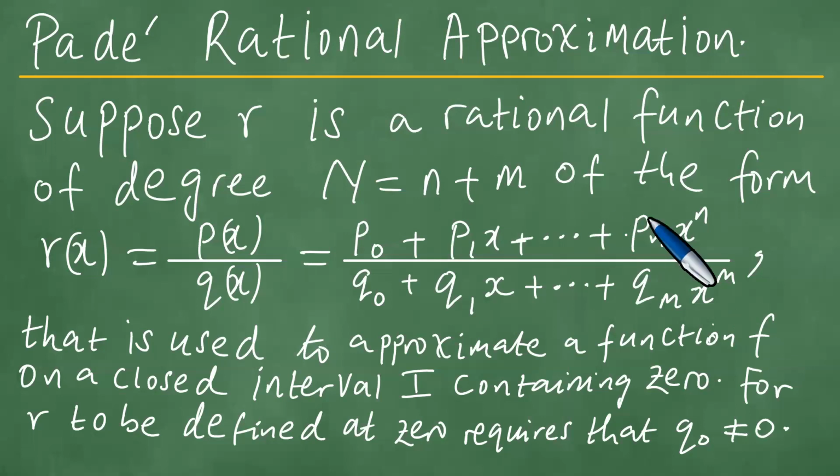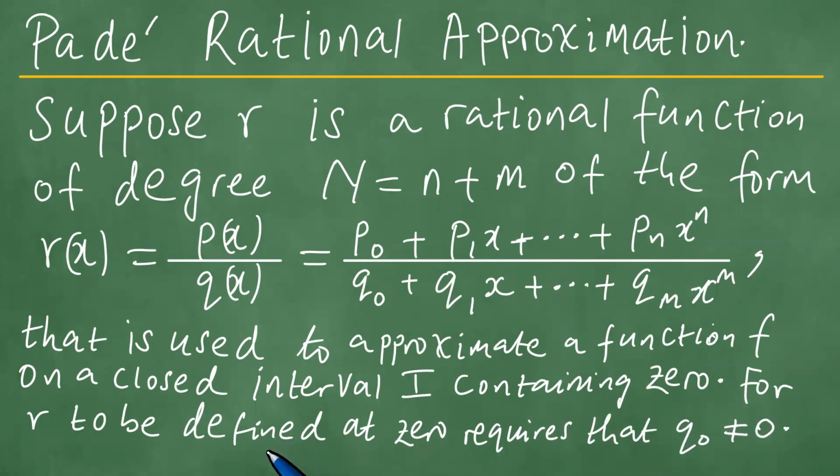Obviously R becomes a rational function of this form, and we shall see how this question is asked in assessments. If R is a rational function of this form that is used to approximate a function f, we use it to approximate f on a closed interval I containing 0.